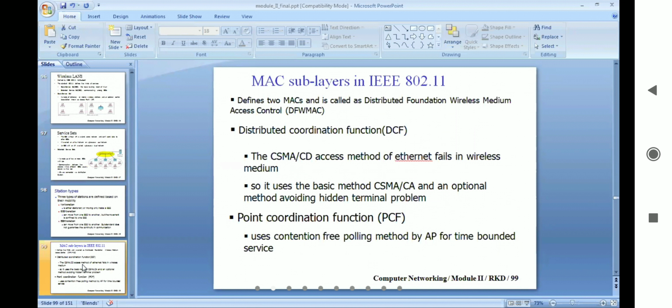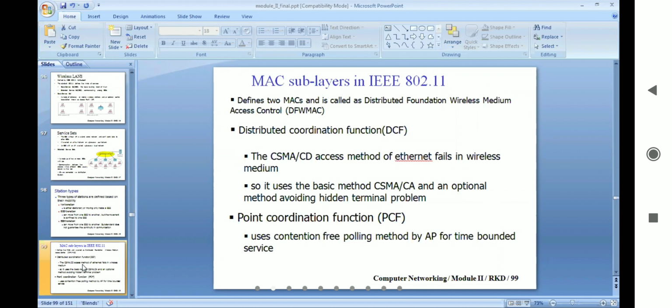What is the DCF? We will discuss it later on. Distributed coordination function is used to decide whether a particular wireless device can communicate on the medium or not. Another is the PCF, point coordination function. This is also used in wireless communication by the physical layer to decide whether the wireless device can share the medium or not. PCF and DCF we'll discuss later on.